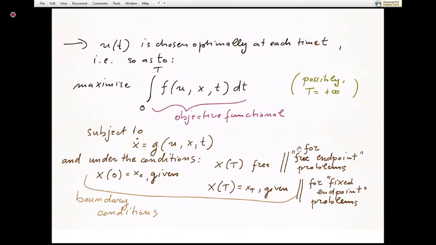And another thing is that since now it goes from 0 to plus infinity, there is no terminal time, so we cannot state that the value of the state variable at the terminal time is given, because we don't have any terminal time, it is plus infinity. But an equivalent condition over an infinite horizon will be stated later, okay?